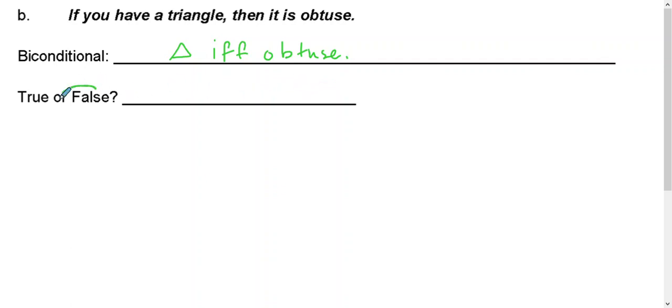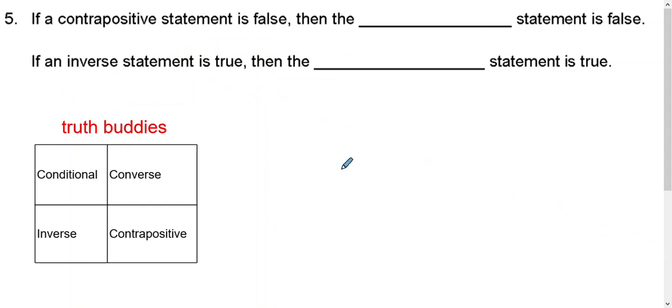I'm going to go with false because I'm not really sure what it is talking about, an angle or a triangle. So it's saying if you have a triangle, then the triangle has to be obtuse, but you could have an acute triangle. So I would use that as my counterexample. An acute triangle would disprove it. Okay.